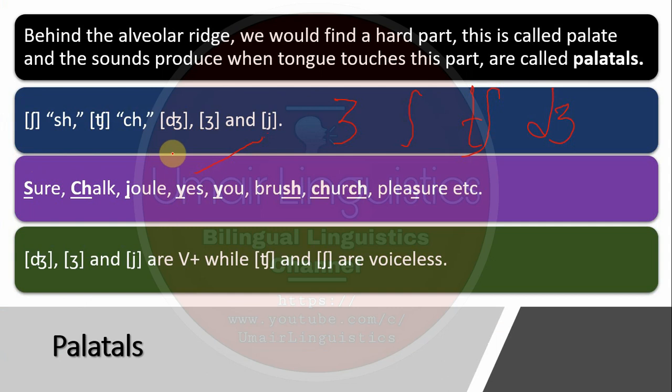And sometimes it also comes between some sounds, like in 'hinge'. Now in this word 'hinge', the g represents this sound. Then 'pleasure', and other words. You can also say 'treasure', and this sound in 'you', 'yes', 'yellow'. Many examples.